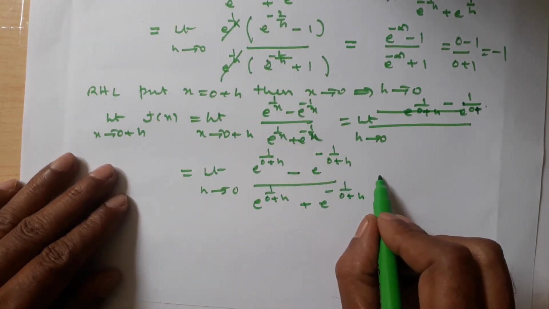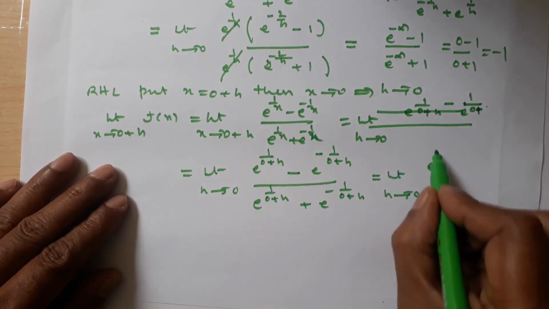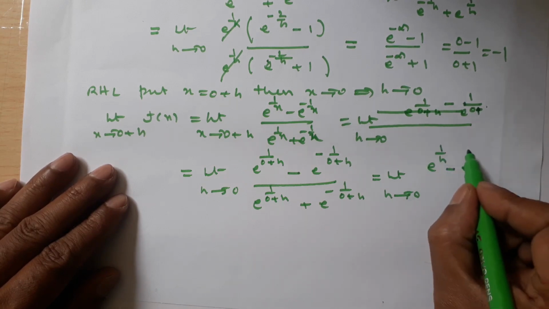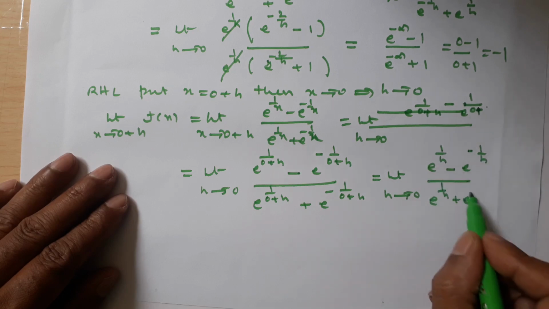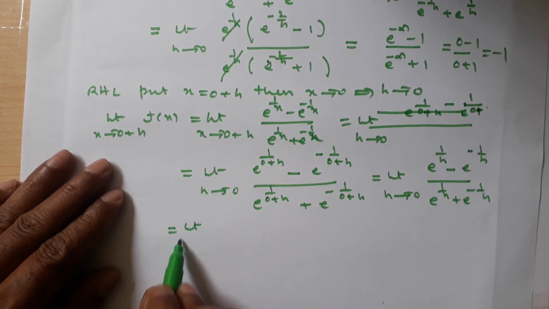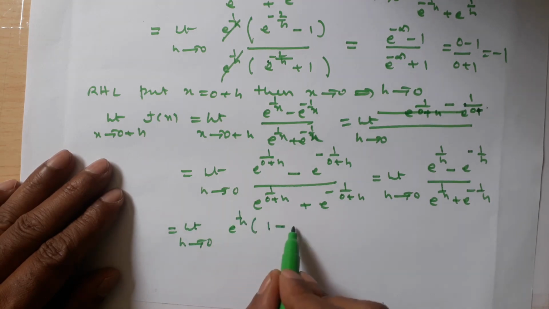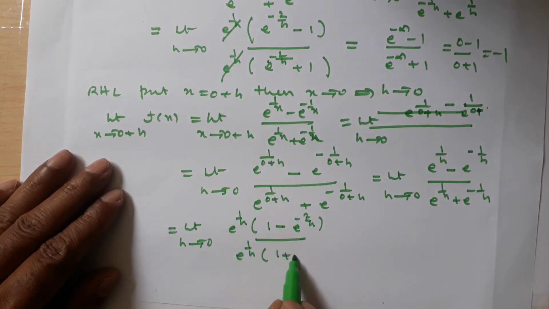This is equal to limit h tends to 0 of (e to the power of 1 by h minus e to the power of minus 1 by h) divided by (e to the power of 1 by h plus e to the power of minus 1 by h). As e power 1 by h is common, in the numerator 1 minus e power minus 2 by h, and in the denominator 1 plus e power minus 2 by h.